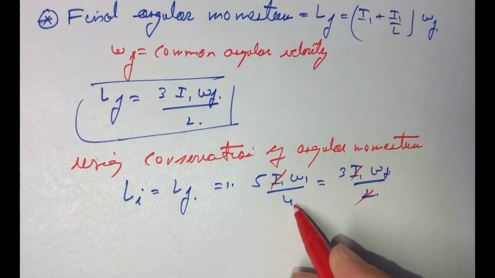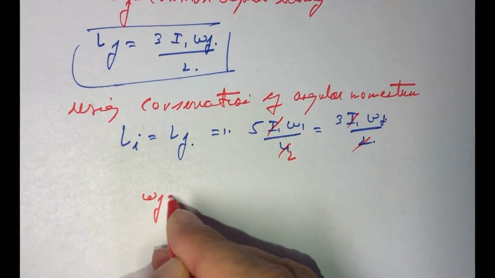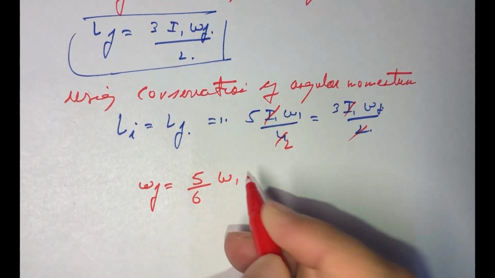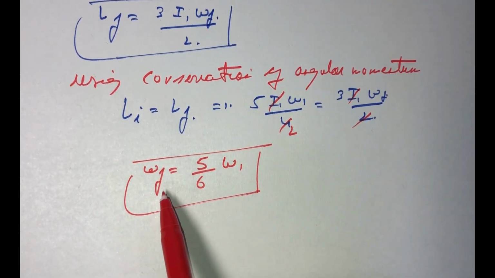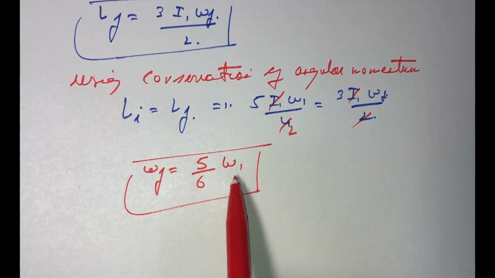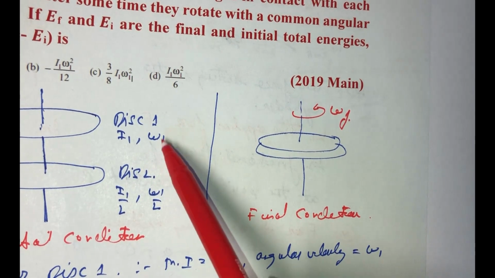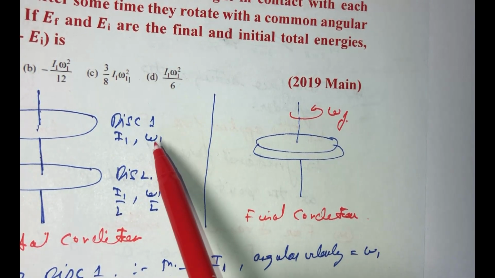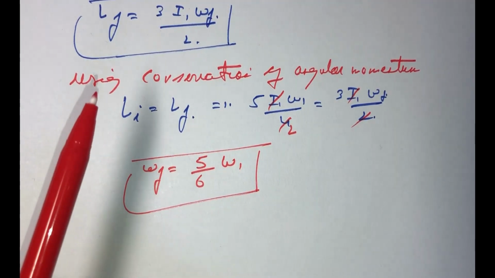I1 cancels out and 2 cancels with this 2. Therefore our final angular velocity is equal to 5 by 6 times omega 1. So we got the relationship between the final angular velocity and omega 1, which is the common factor between disk 1 and disk 2. They both have different angular velocities.